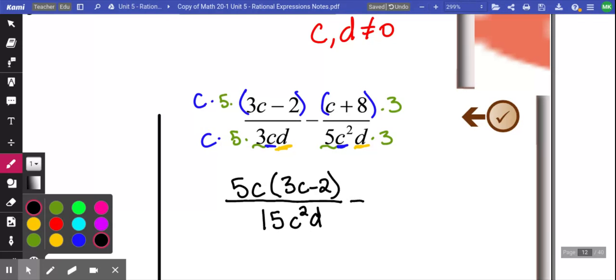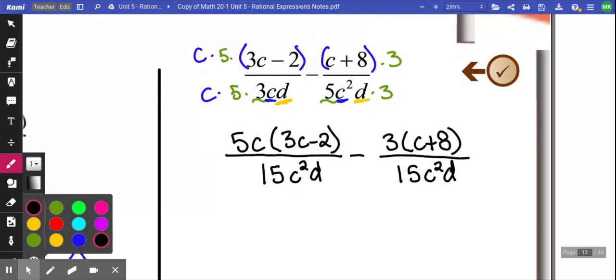The second one will be 3 times C plus 8 divided by 15C squared D. And I successfully have a common denominator. Hopefully you got that part right. The part where people mess up is when they expand their top.